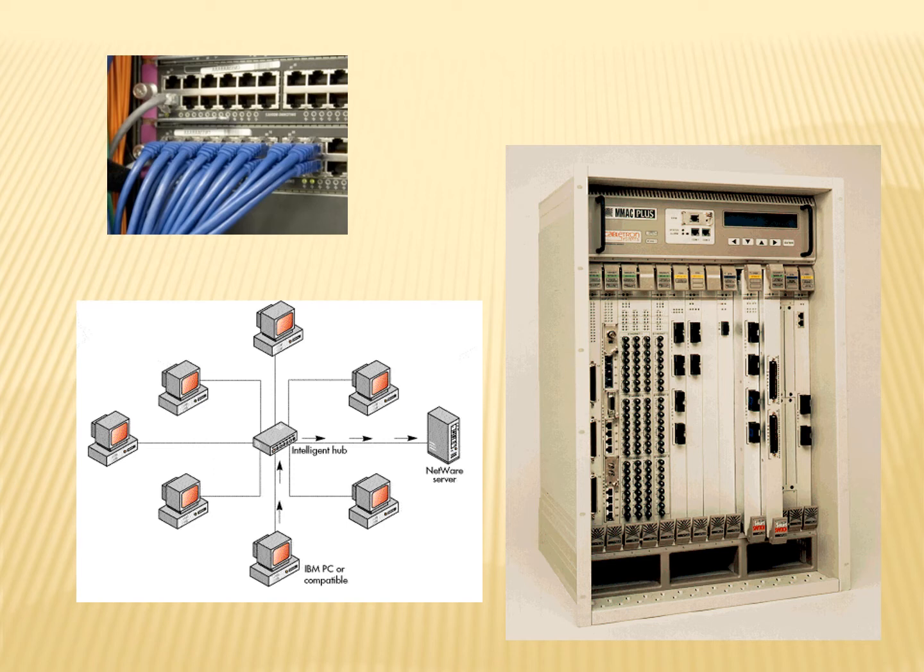So let us revise hub. Hub is a connectivity device which is used for network expansion. Firstly, there are three types of hub. Hubs are very smart. They properly route data to the destination. The types of hub: first is the passive hub. It doesn't contain any electronic component. It is cheap.